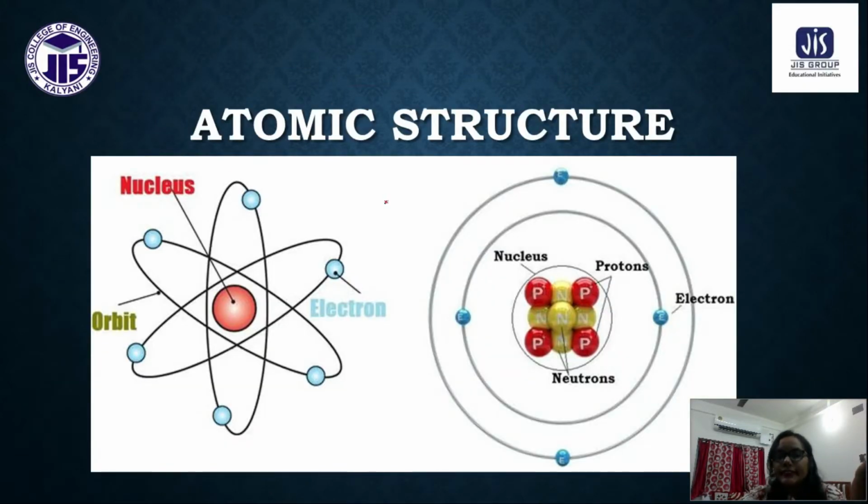So this is the atomic structure. After the modified theory, we know this is the arrangement of the electrons, neutrons and protons. In the nucleus we have the protons and neutrons, and around this nucleus the electrons are revolving, moving around it.